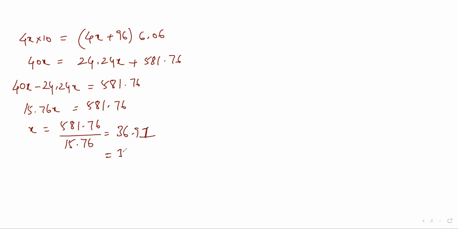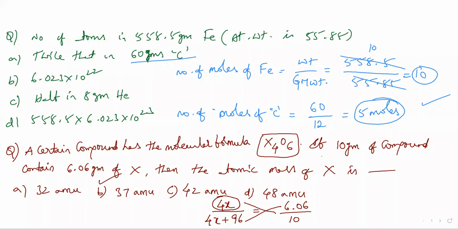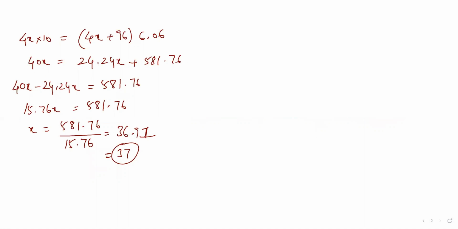What will it be? 37. Do we have the 37 option or not? Where is it? Second option. 37 AMU, atomic mass units, right? Did you understand? Yes, sir. Okay. Then we'll proceed with one more problem. These are all based on mole concepts.